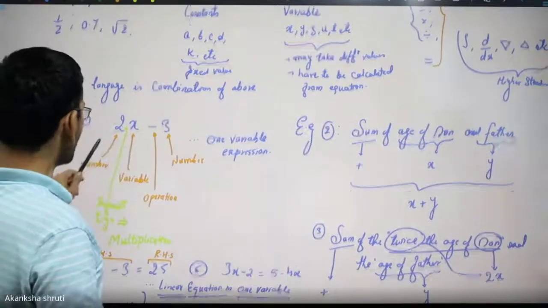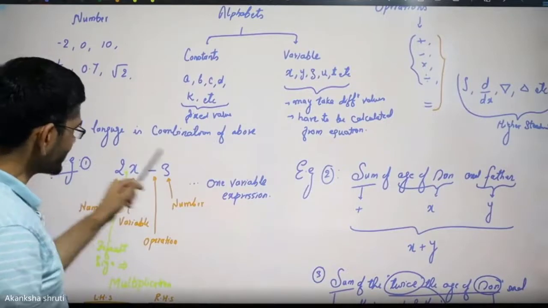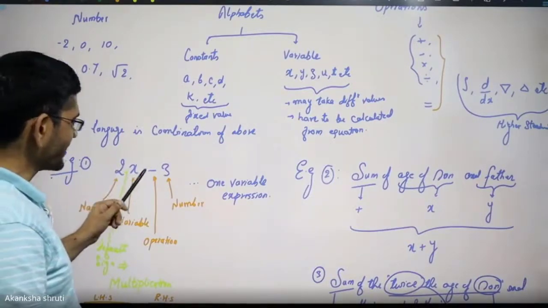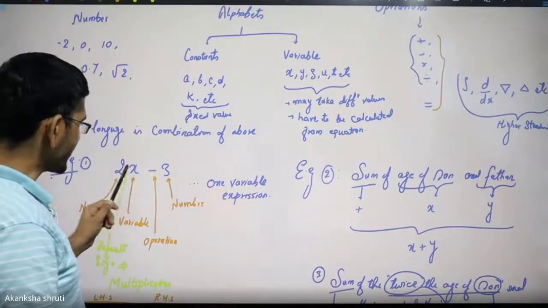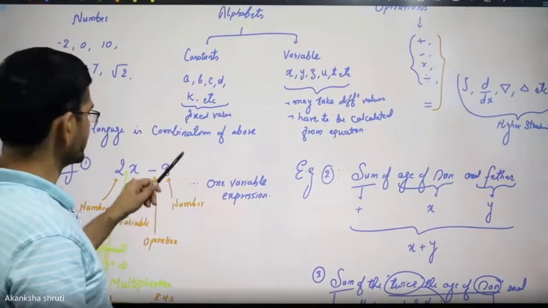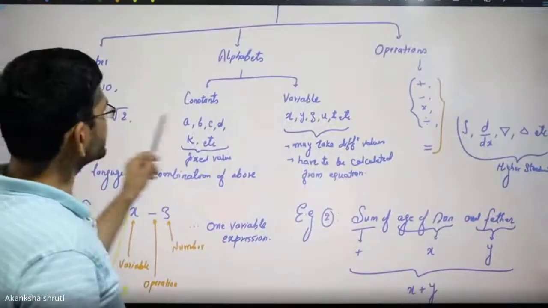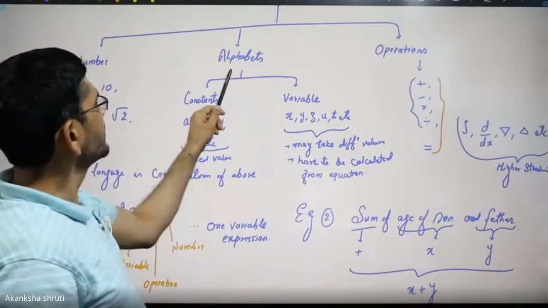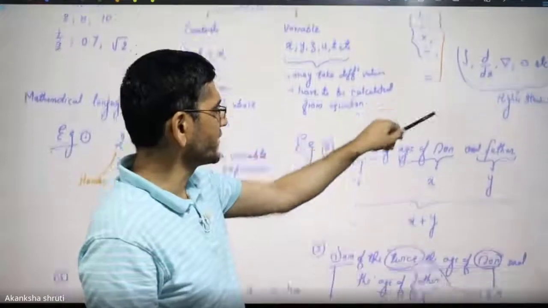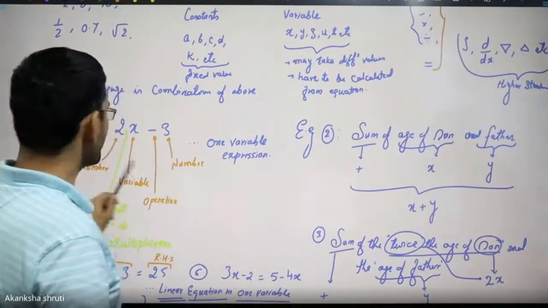So this statement is written by applying numbers, a variable, and operators like multiplication and subtraction. Combining these three, numbers, alphabets or variables, and operators, we are able to write a mathematical relation.